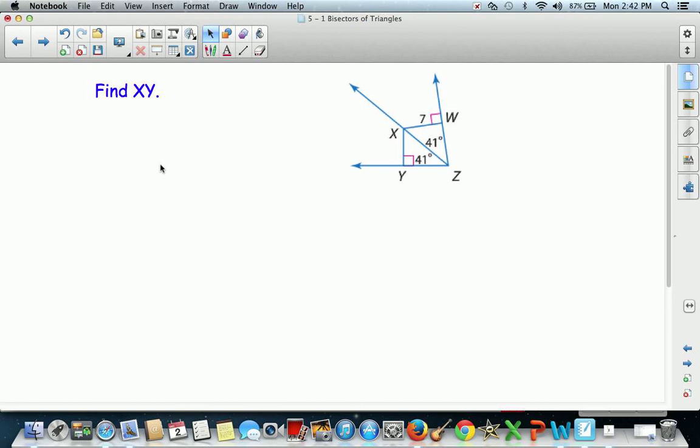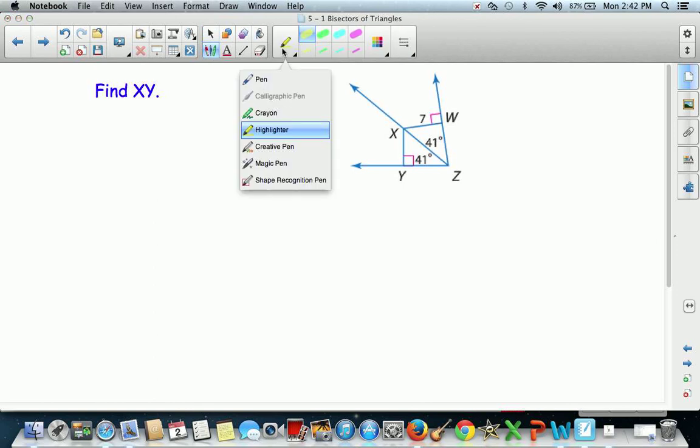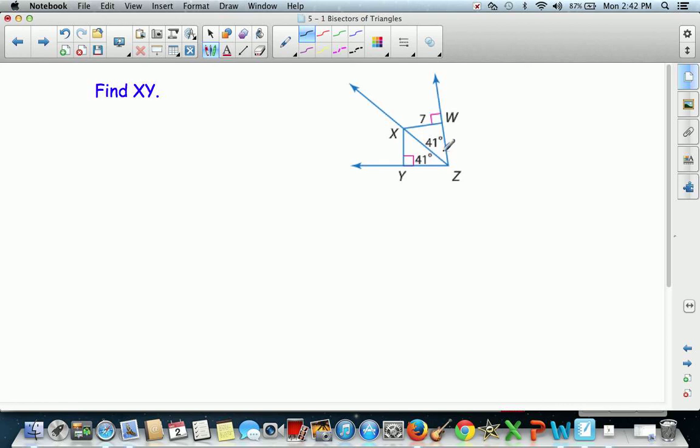Okay, so we need to find XY, and we are actually going to use the angle bisector theorem. We know this is the angle bisector theorem because these two angles are the same. So XZ is an angle bisector. And we know that these are equidistant from each other because they form perpendicular lines.